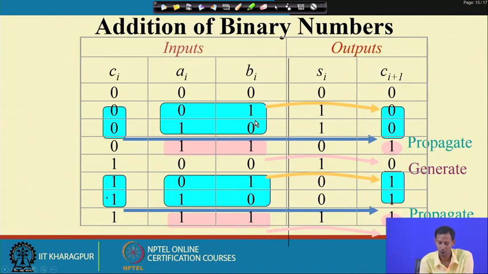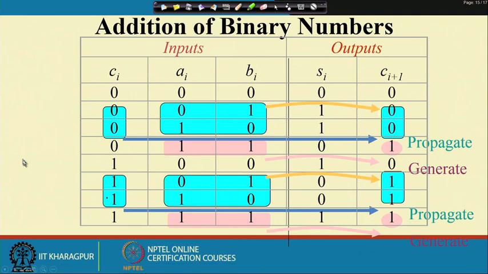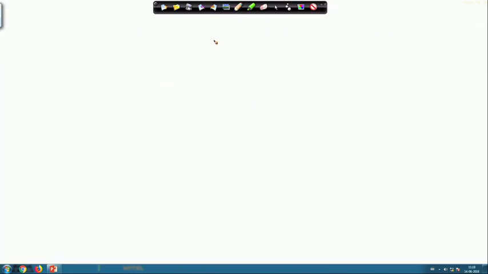So, what it says, whenever this is basically 0, that means this A I, sorry, if I consider this A I plus B I, okay.